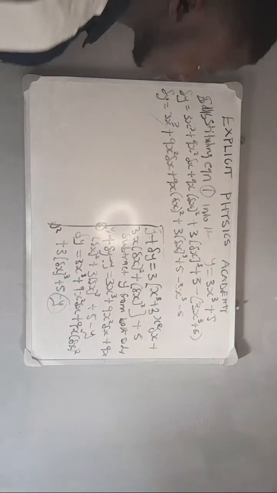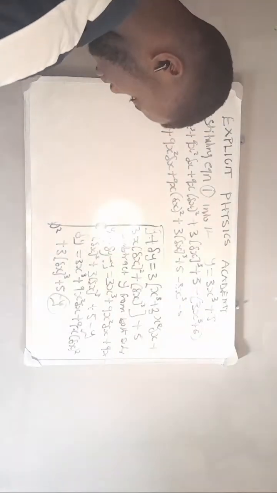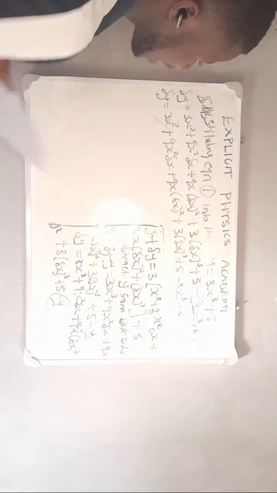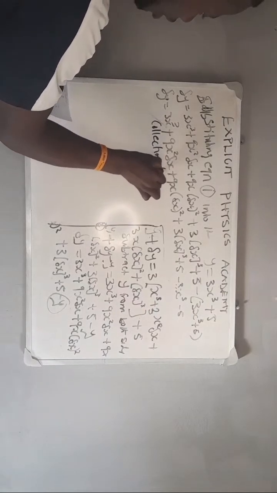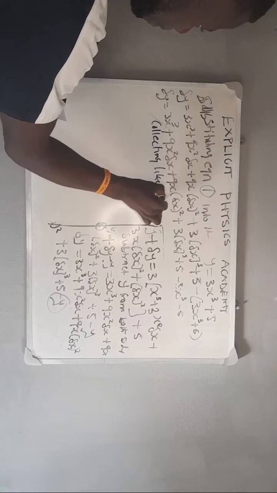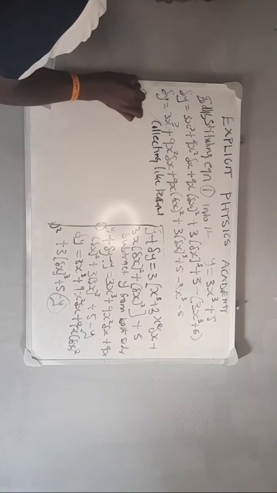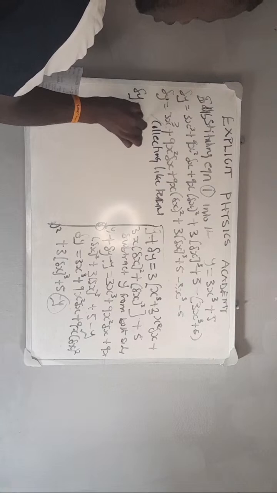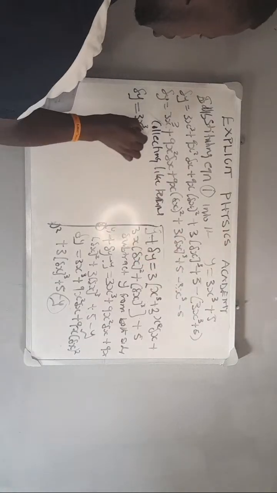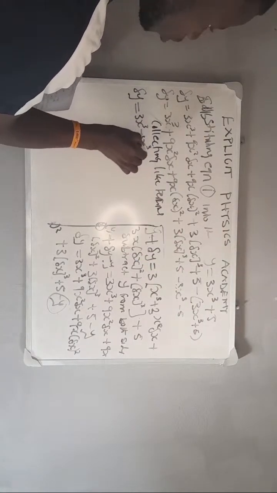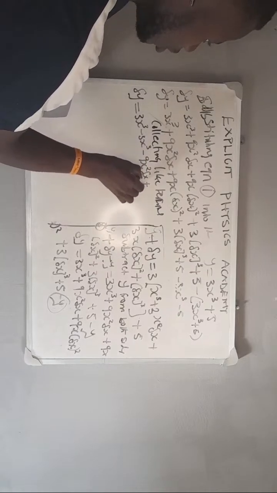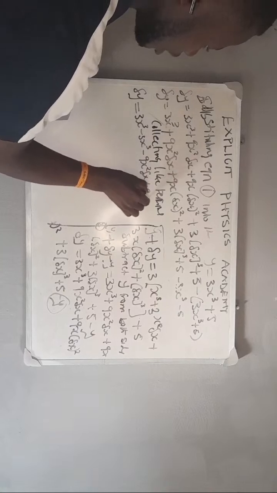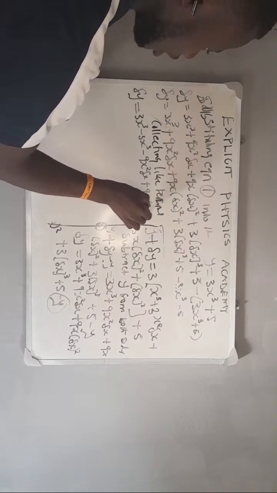That's collecting like terms together. Let's take it bit by bit so that you all follow together. Collecting like terms, we are going to have del y is equal to 3x cubed minus 3x cubed plus 9x squared del x plus 9x del x squared plus 3 del x cubed plus 5 minus 5.